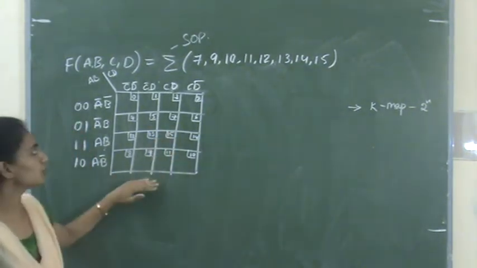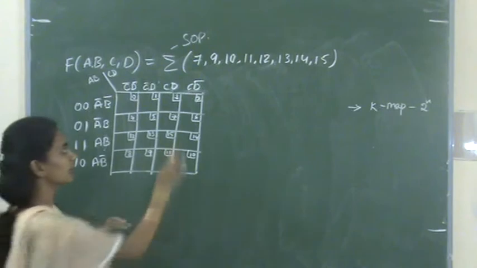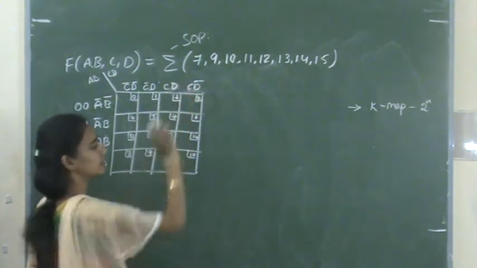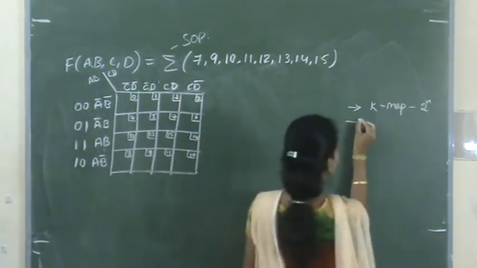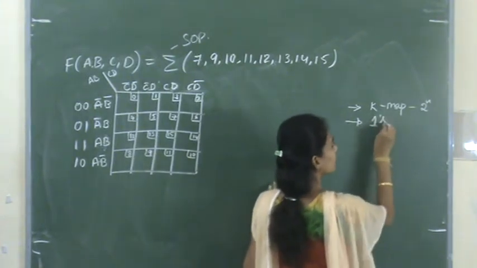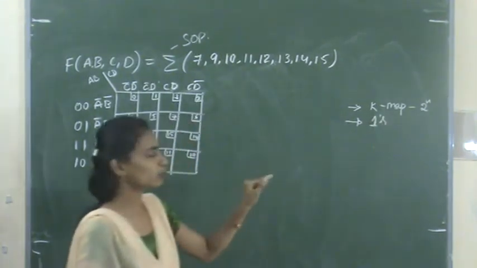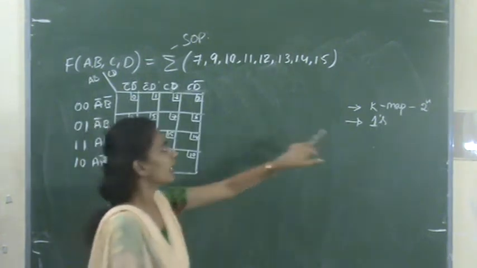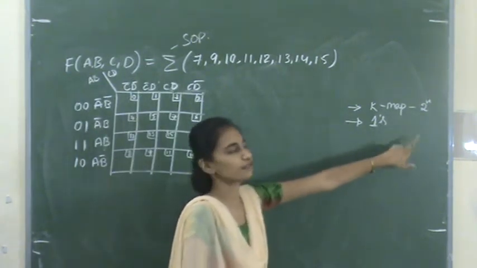Like this we have to write the K-map, right? After writing this, the next step is to enter the ones. Okay, enter the ones for the output.